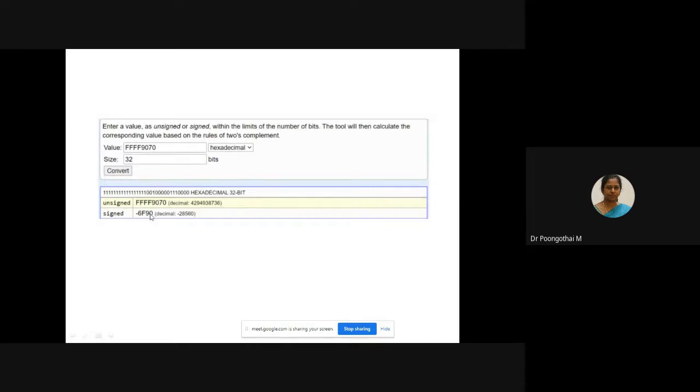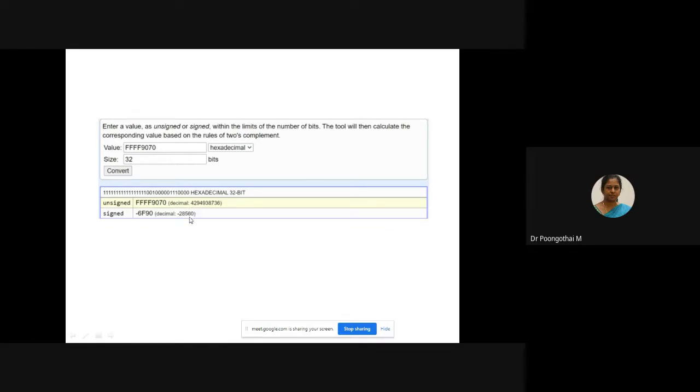Just you open this, because I am not able to open this particular website using this camp Wi-Fi. So the exact signed number for this value is minus 6F90, which is the decimal value for 28560. After multiplication, you are supposed to get this answer.